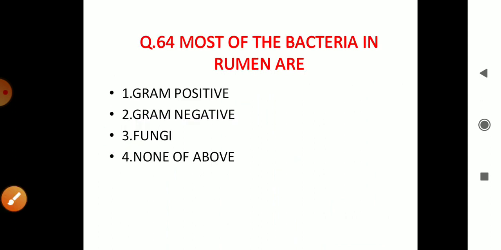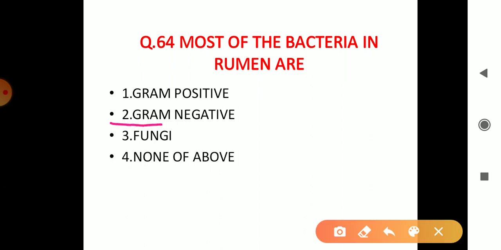Most of the bacteria in the rumen, dear students, please remember, are gram negative bacteria. Very important, gram negative bacteria. Dear students, do you know a condition is known as acidosis, also known as rumen engorgement, where the animal suddenly takes a huge quantity of carbohydrates, like in a marriage party or celebration party, where the leftover rice and dal are ingested by the cows.